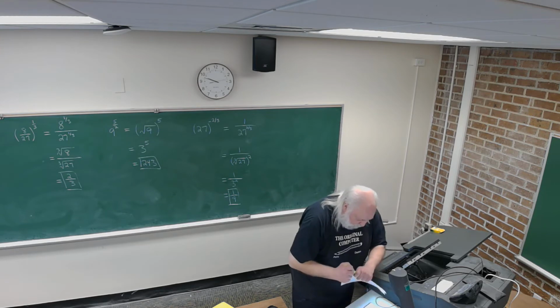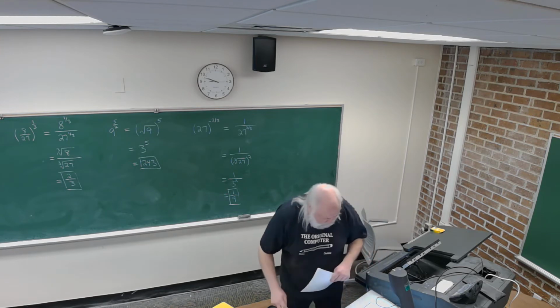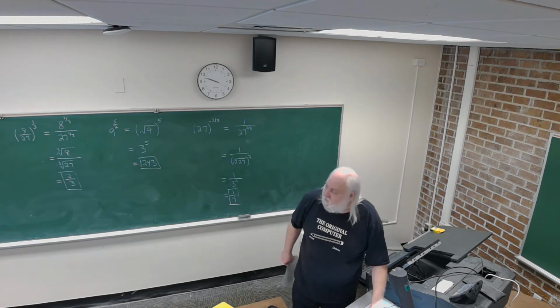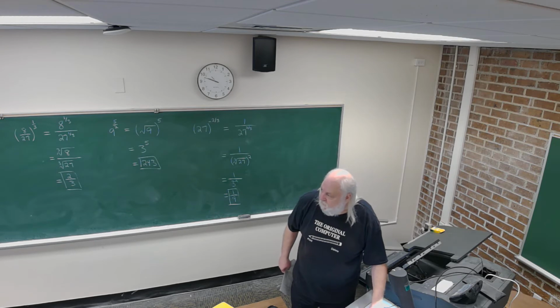The number a is called the base, and x is called the exponent. And that makes sense, right? This is an exponential, a to the x: a is the base, x is the exponent. A has to be a positive number, not equal to 0, and x can be any real number.